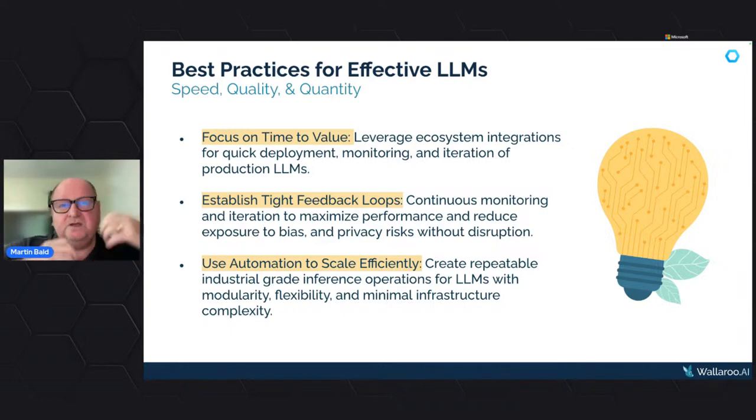They have clouds, they have on-premises data centers, and they're investigating edge deployments as well. Leveraging that infrastructure is a huge opportunity, which gets you to that return on investment and showing the value of those models quickly.